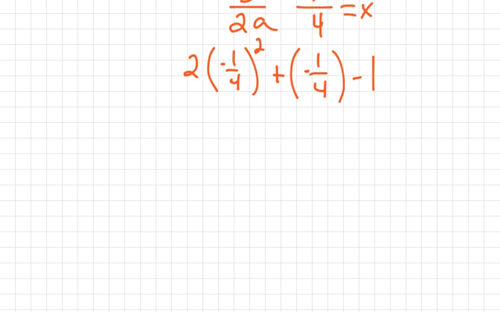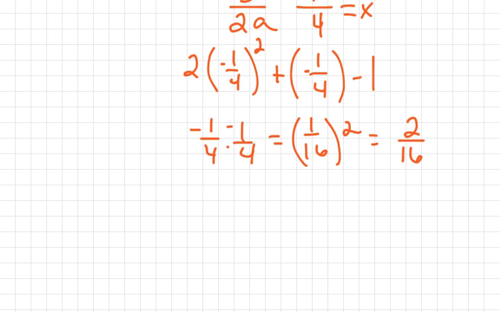Negative 1/4 squared is negative 1/4 times negative 1/4, which gives 1/16. Then we multiply by 2, which is 2 over 16, and that reduces to 1/8. So we have 1/8 plus a negative 1/4, or just minus 1/4, minus 1.